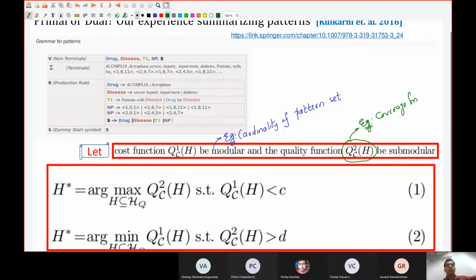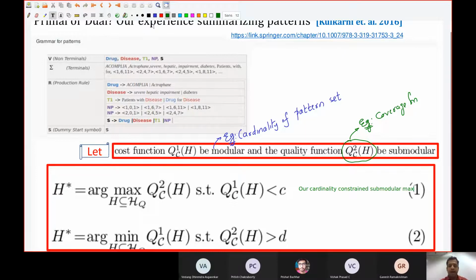The first problem is what we are all conversant with: argmax of the coverage such that the size of the set is constrained by C. Right? It's monotone. Mostly they're monotone. Our cardinality constrained submodular max. Right?